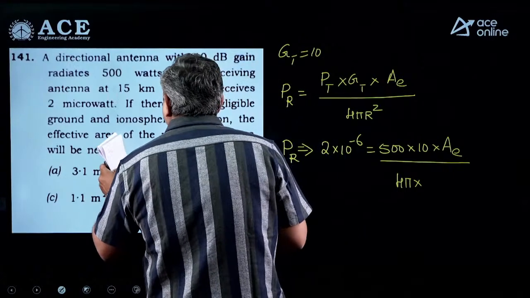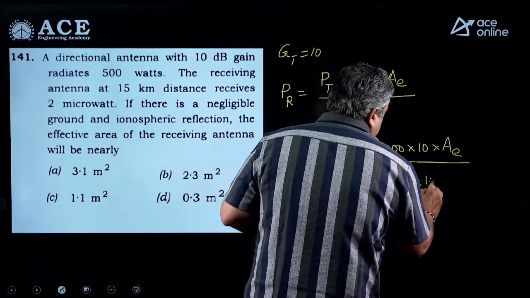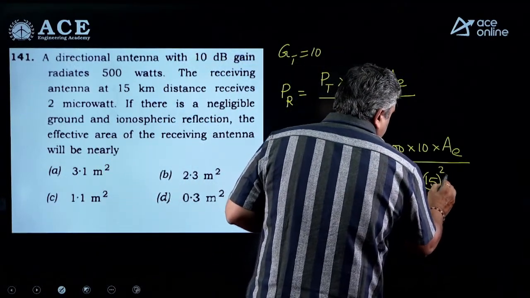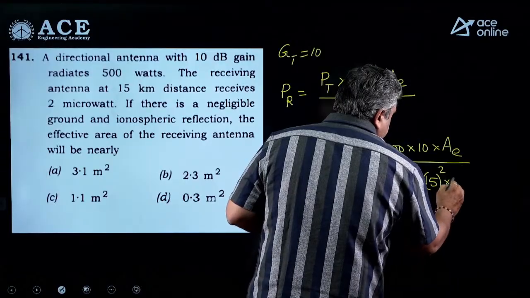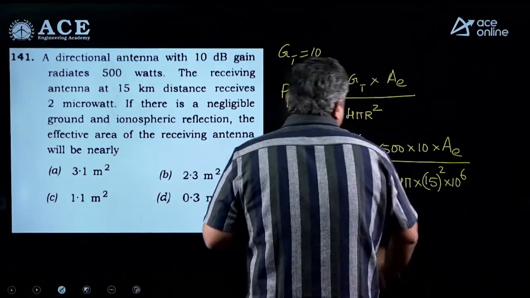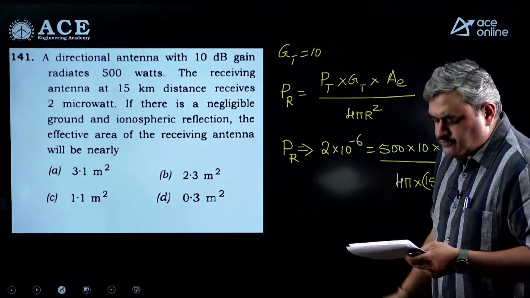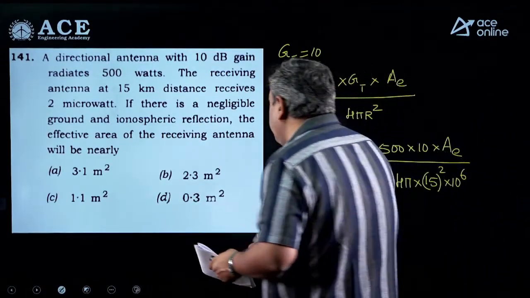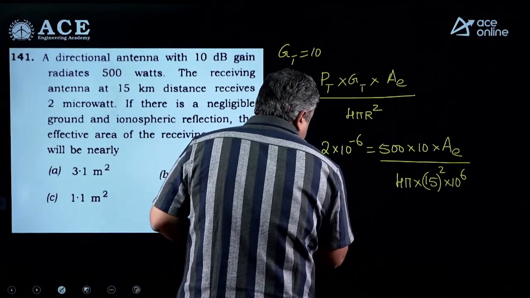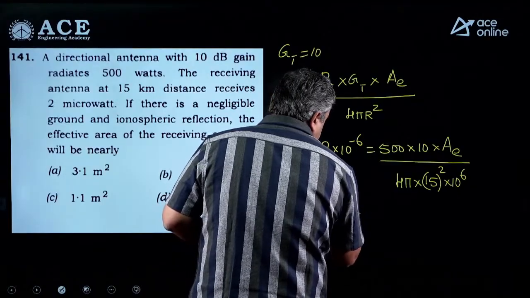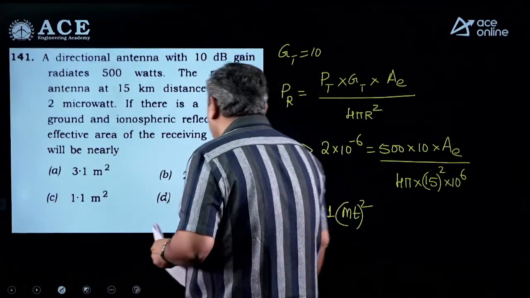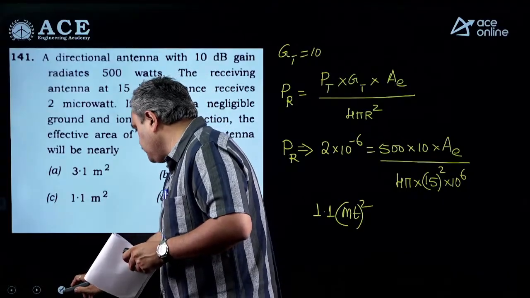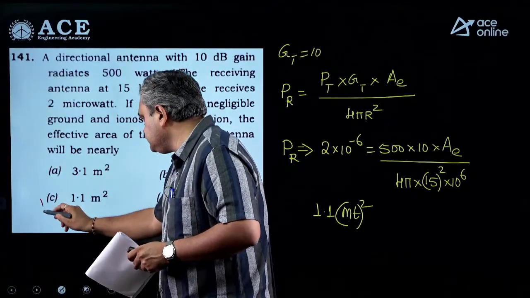Distance is given as 15 kilometers. So, you can write 15 square, kilometer is 10 cube meters, and when you square it becomes 10 power 6. When you substitute these values, approximately it will be 1.1 meter square, the closest possible option. So, this will be the correct choice.